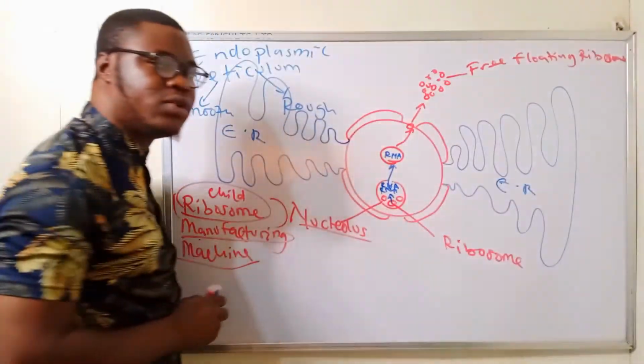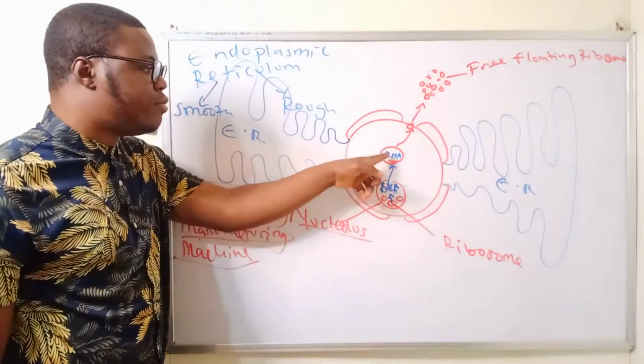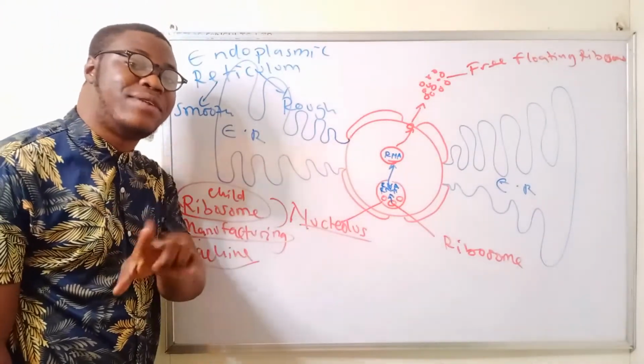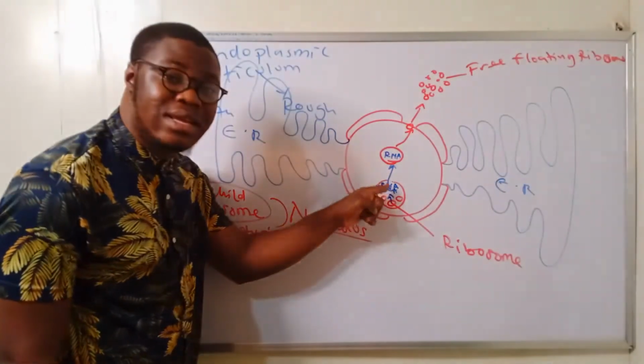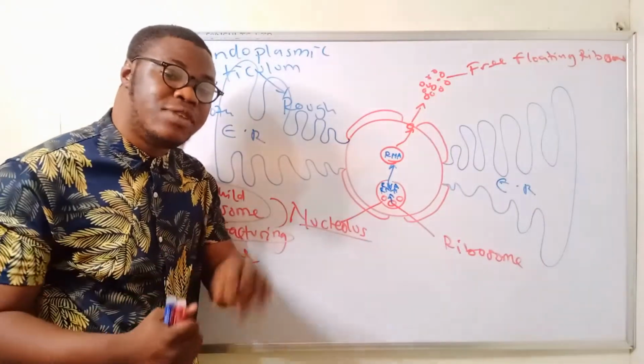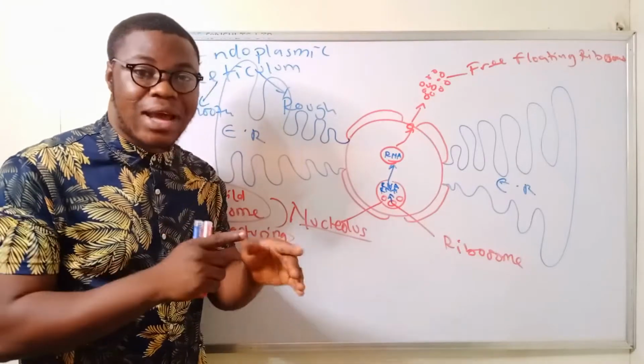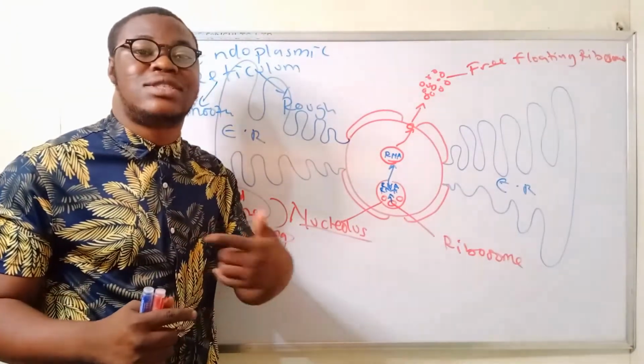Now the question I have for you is, what is the function of ribosome? It is very simple. Ribosome has been attached with what? With RNA. And now go back to your nucleus. The function of RNA is what? After R we have S, which is synthesis of protein.